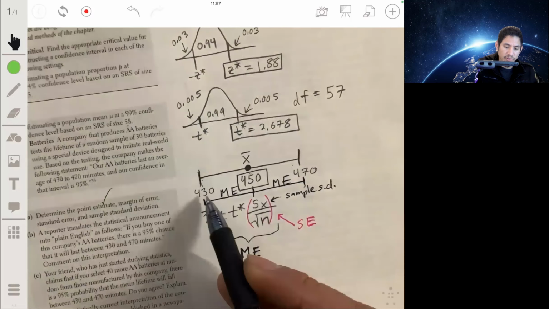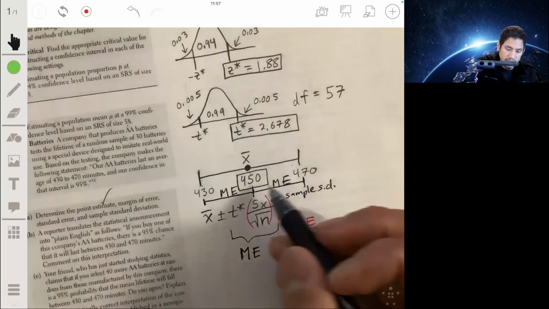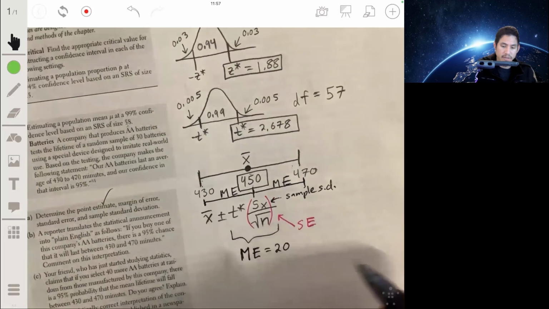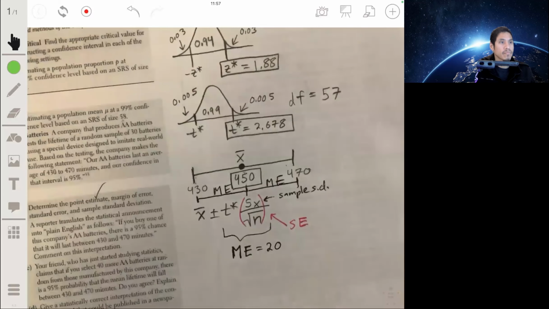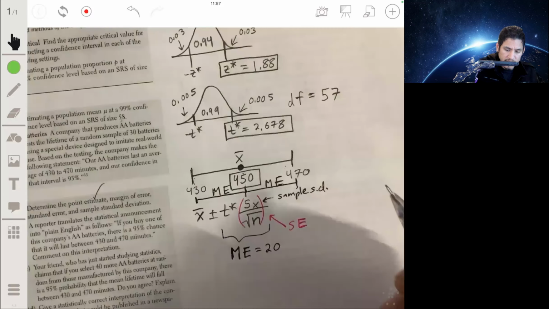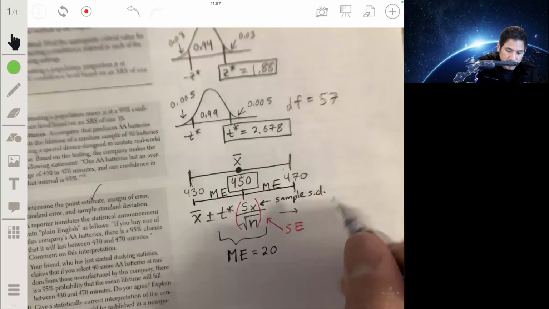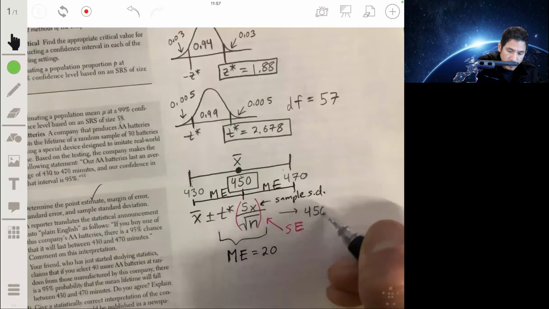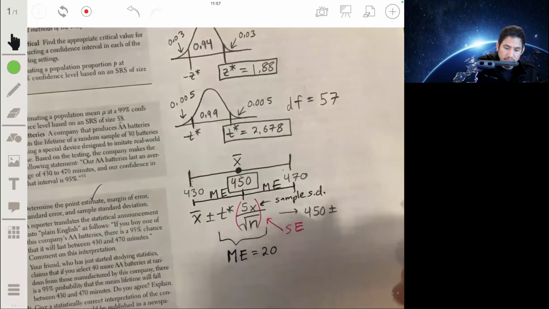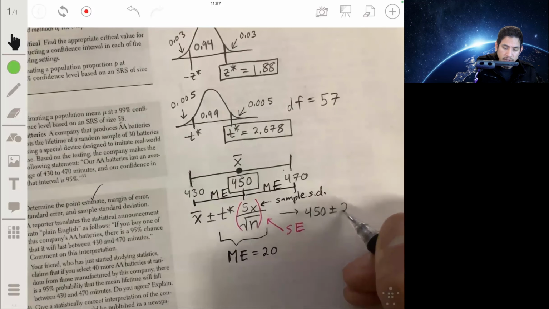The distance from 430 to 450 is just 20. So our margin of error is 20. If we're going to rewrite this, we can set this up as x bar, which is 450, plus and minus 20.